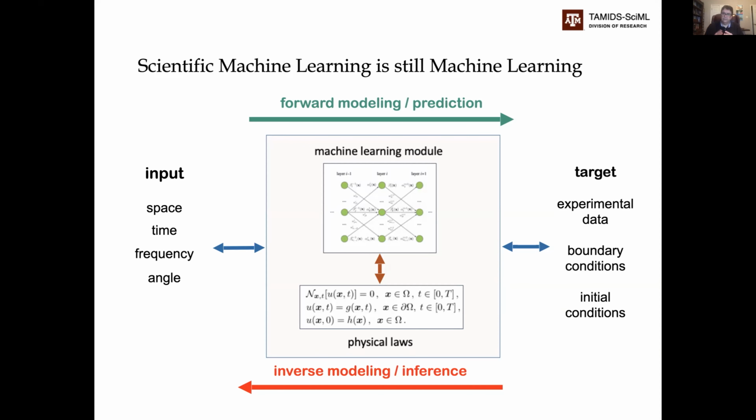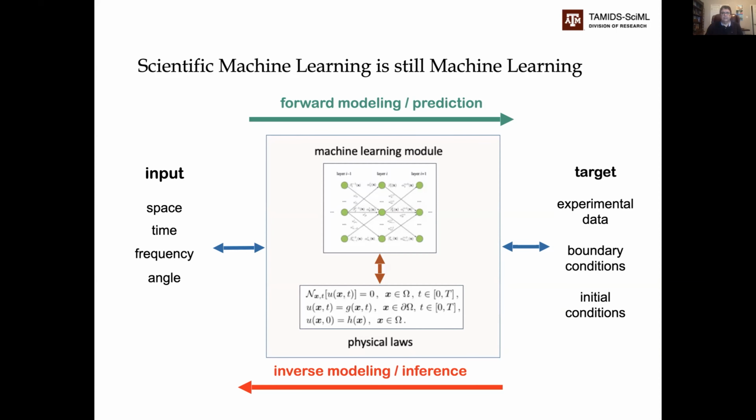So this is different from traditional machine learning, but it still has forward and inverse modeling. You can estimate parameters. You can recover hidden latent variables, just like machine learning.